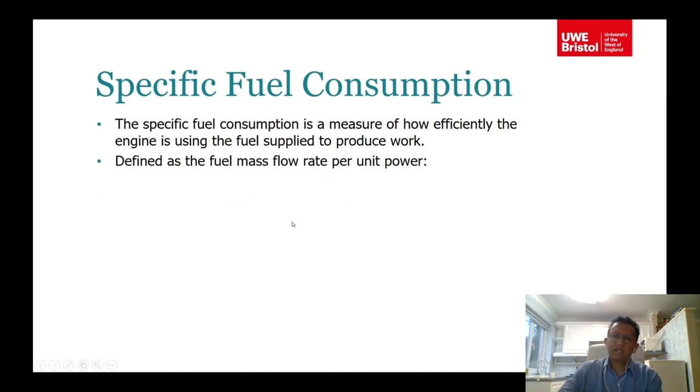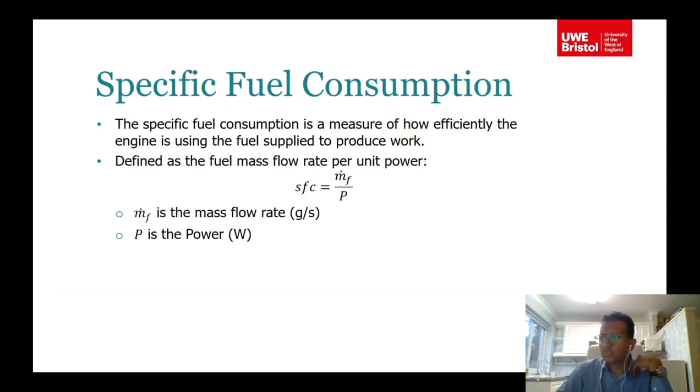And then you define what you call specific fuel consumption. Specific fuel consumption is the indication of how efficiently the engine is using the fuel supply to produce work, and it's defined as the fuel mass flow rate per unit power. Specific fuel consumption is given as the fuel flow rate divided by power.